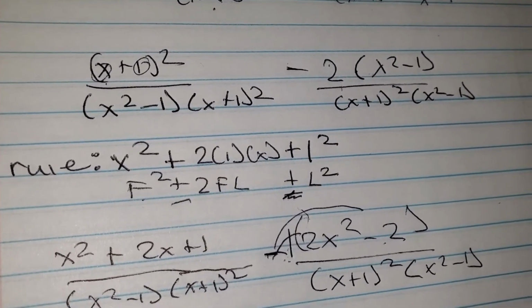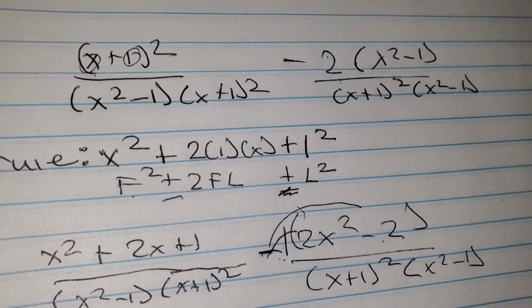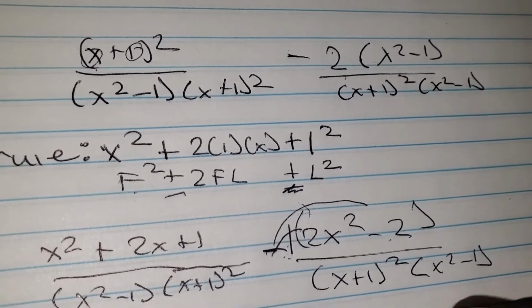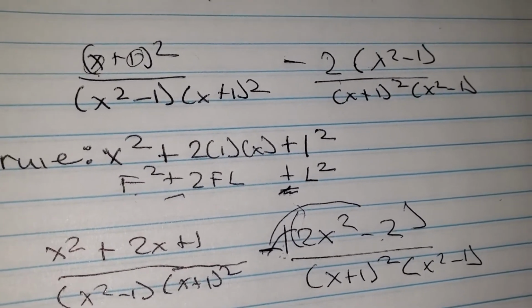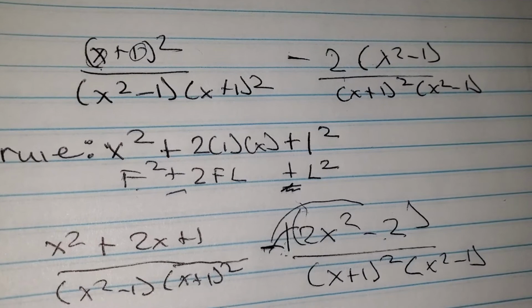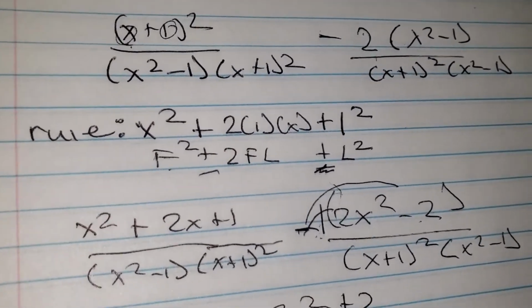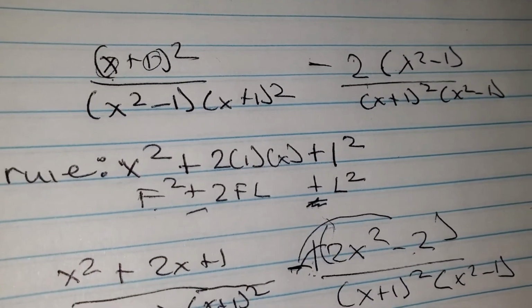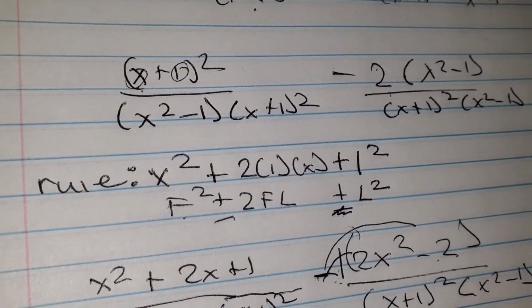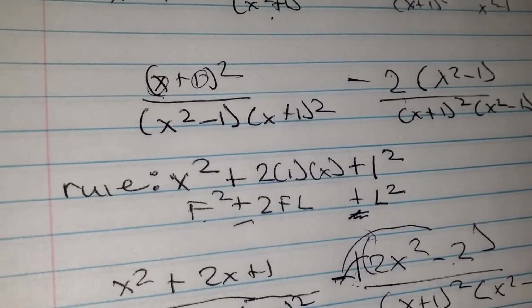Now last but not least, we are going to combine like terms. The x squared terms are in common, and the constant terms. So that's minus x squared plus 2x plus 3.